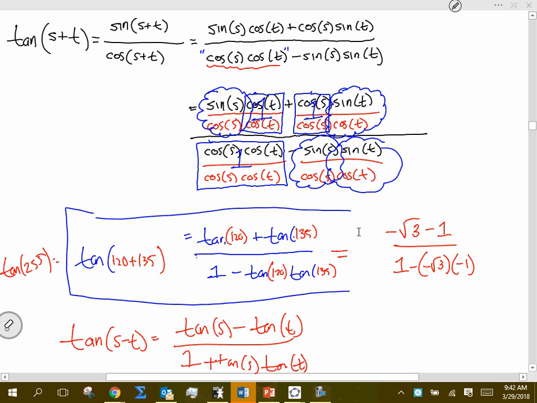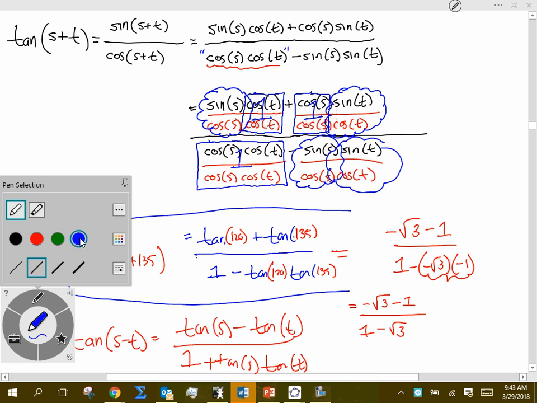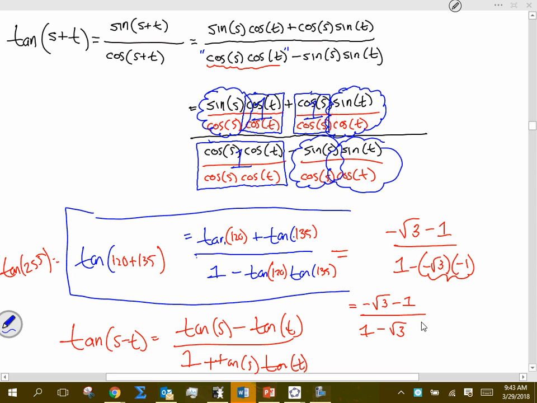Now we should be able to simplify a little bit further. Negative radical 3 minus 1. This becomes 1. Now that's going to become positive radical 3, but it's now minus a positive radical 3. And now we get to the stage where we still have radicals in the bottom, so we rationalize.